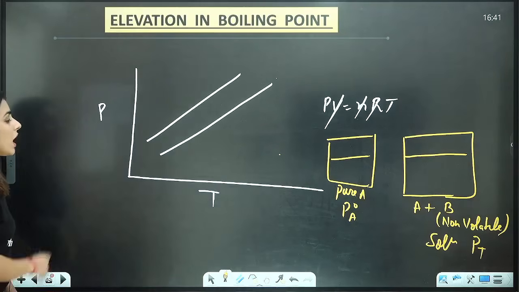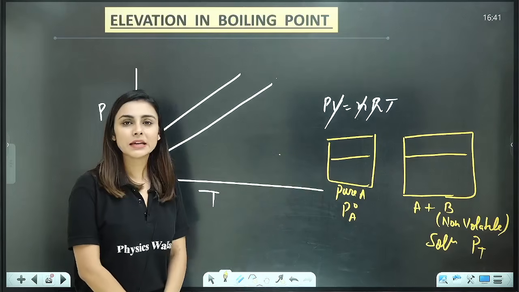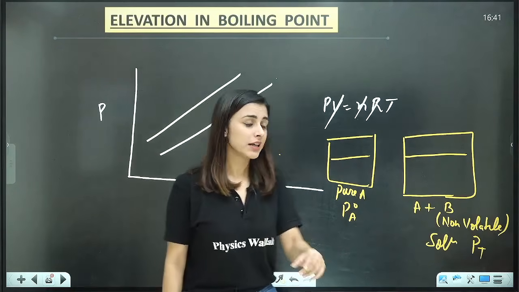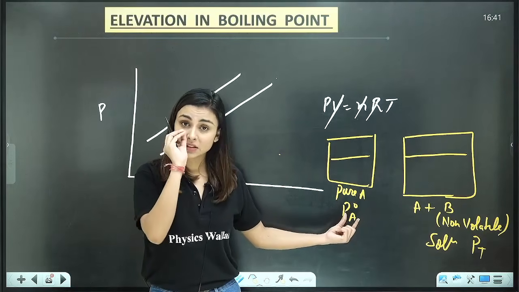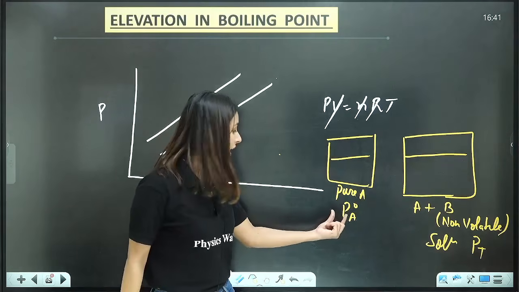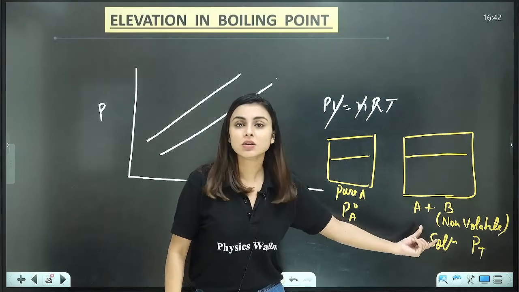So now, how are you going to understand this? I know very clearly that at a particular constant temperature, pure A will exert more pressure than the solution. Why?